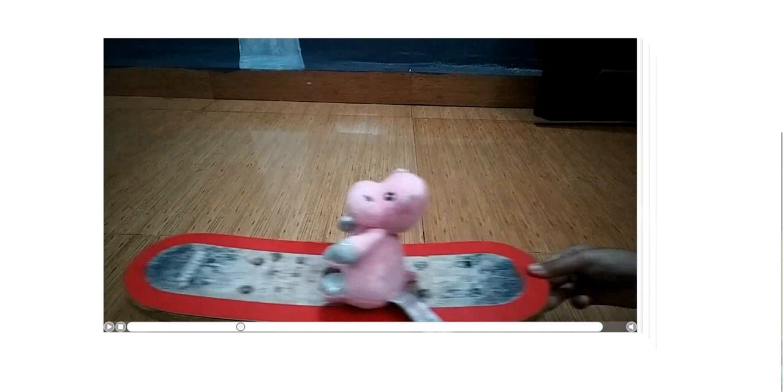See, in this case, let us divide the object into two parts, upper body part and lower body part. The vehicle which is moving is initially in a state of motion. Its lower body, which is in direct contact with the skateboard, is also in motion, and the upper body is also moving with it. So all three are in the state of motion.